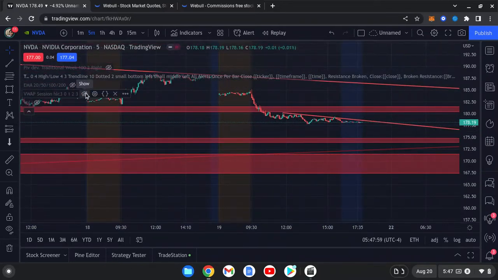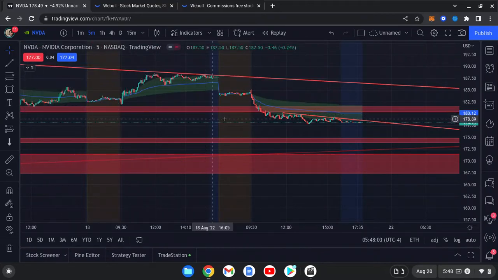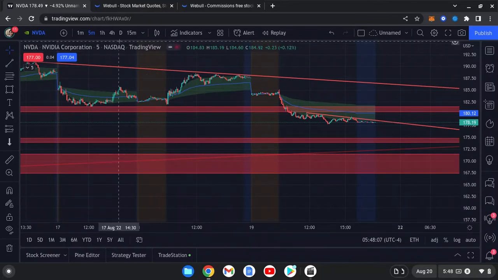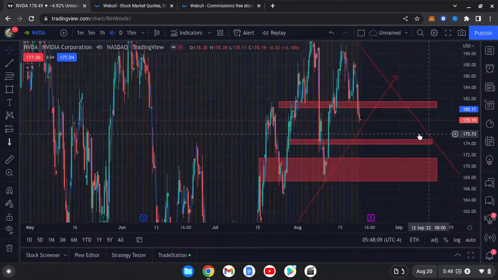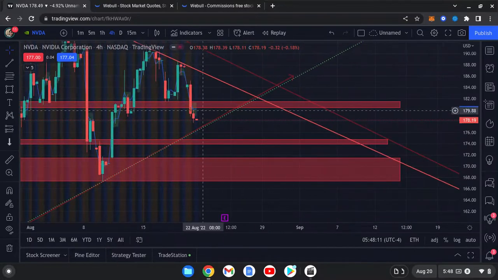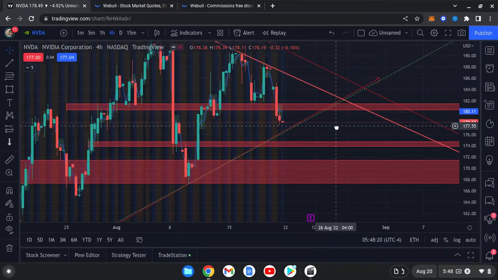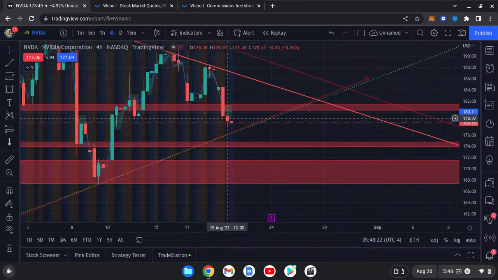I also turn on the volume weighted average price. So I was waiting for NVIDIA to either come up to this level, which would be our supply level, and reject off of it and come down towards the trend line, or show us some movement in this level.